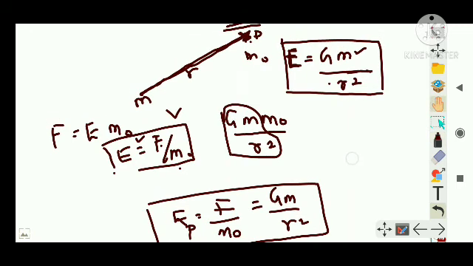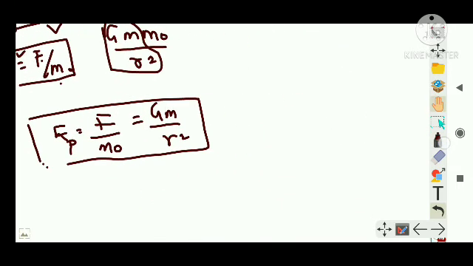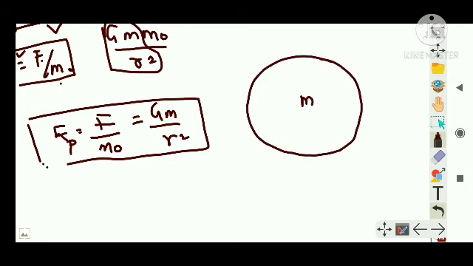And I am telling you that the field direction is always towards the source mass. What is the source mass here? This gravitational field is produced by this guy, not by this guy. This guy is experiencing the field. It is just like this m has an area around it, that is its gravitational field.